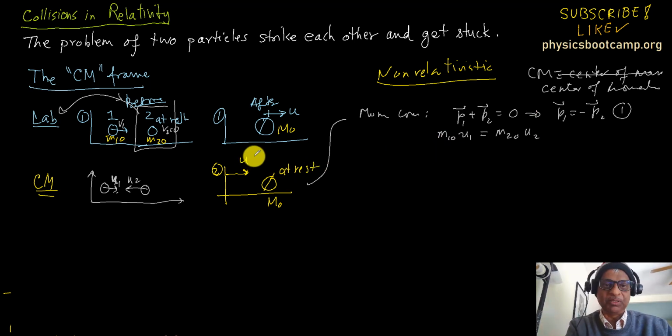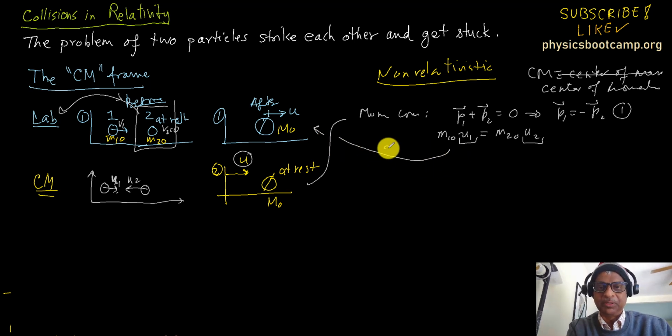If you want to find what U is, you have to go back and see what U1 looks like and what U2 looks like, to find the relation between U1 and U2.